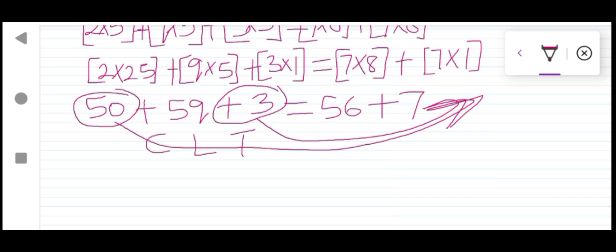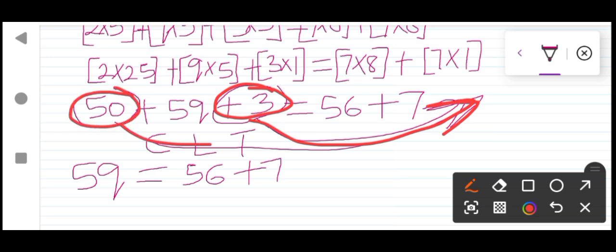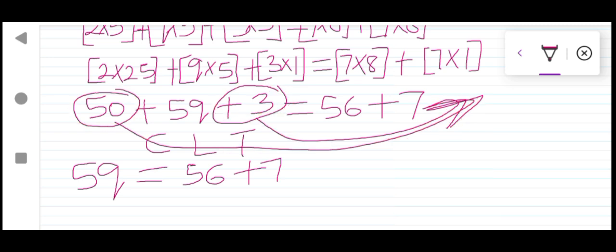So you agree with me that we are left with positive 5q, which is the same as ordinary 5q. On the right side, we have 56 plus 7. And do not forget that this positive 3 goes to the right side and becomes negative 3, and positive 50 goes to the right side as well and becomes negative 50.